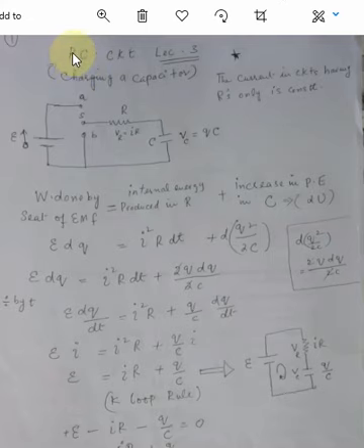Today's lecture is about the RC circuit. As the name suggests, this circuit consists of the series combination of R and C connected across the source of EMF E. In the last lectures, you studied circuits which consisted of the source of EMF E and the resistor R. There were no other components in the circuit except the resistance R or the resistors R1, R2 and R3.